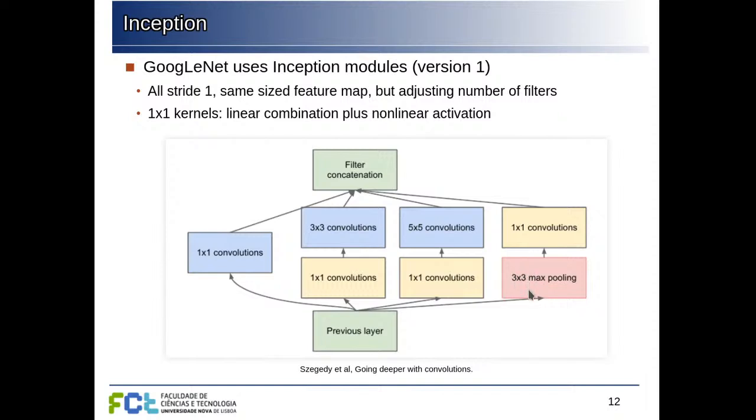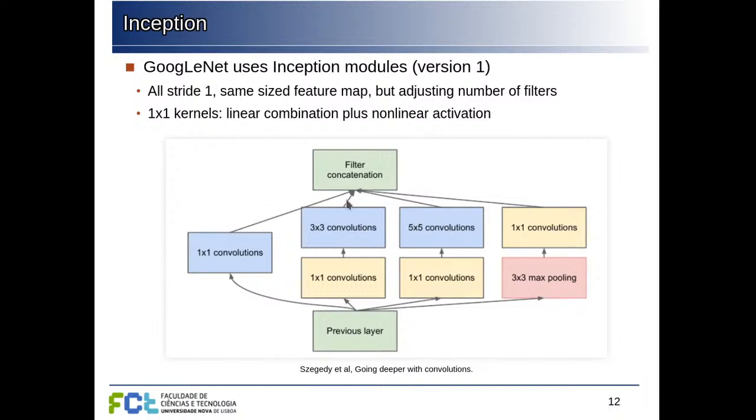This means that a 3x3 max pooling would also reduce the size of the map by 3 in each direction. But if you do max pooling with a stride of 1, and if you use padding, then you get an output that has the same dimensions, but for each pixel you will have the maximum value of that 3x3 window in the input. So this is the idea here.